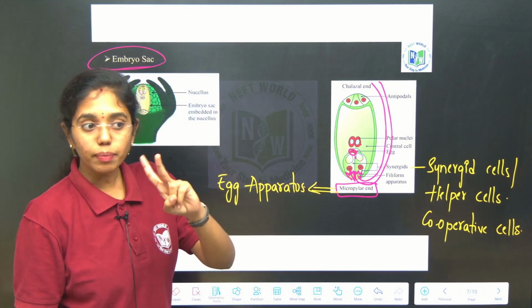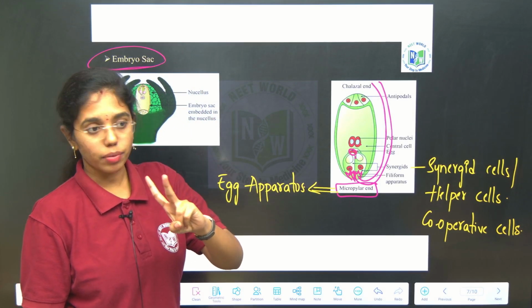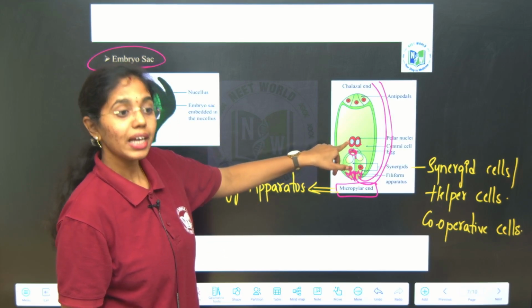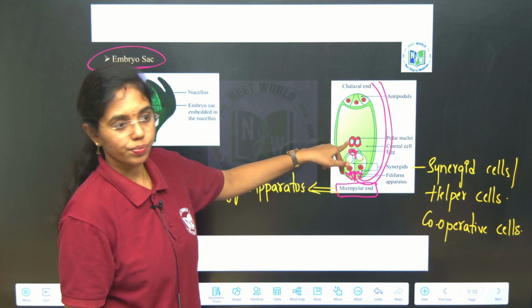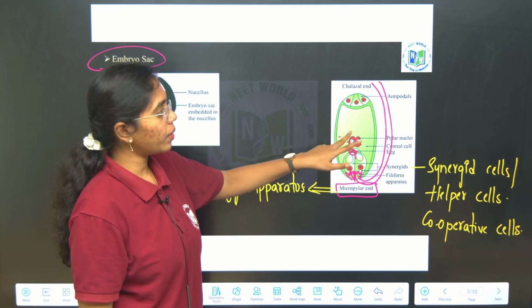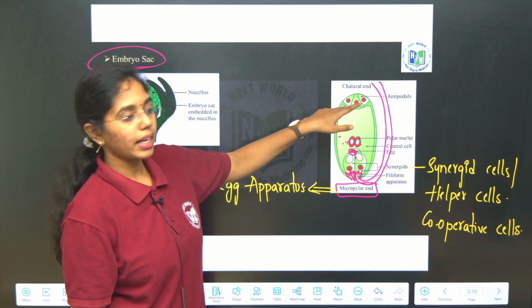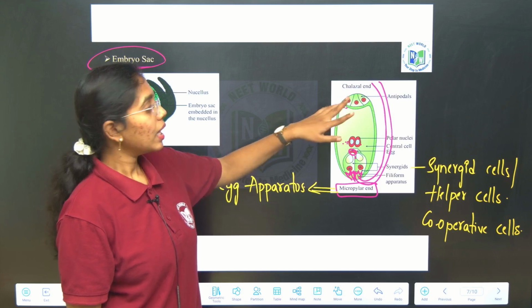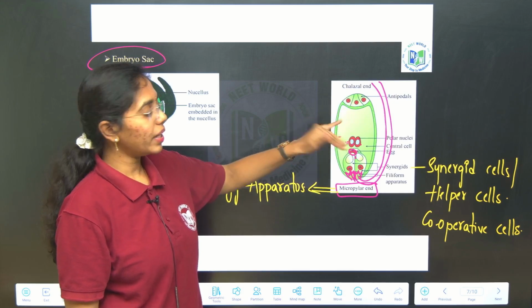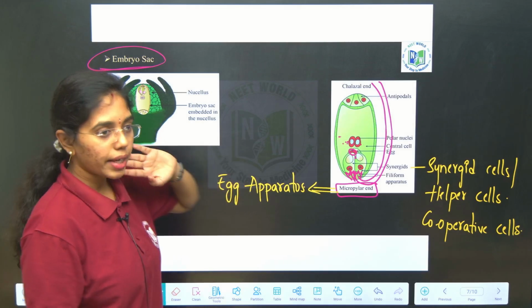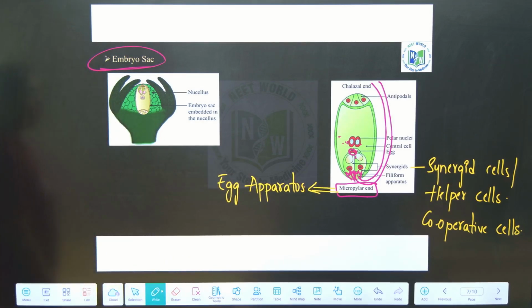The second male gamete from the pollen grain will come and fuse with the polar nuclei. This is called triple fusion, and it forms the primary endosperm nucleus. And 3 antipodals are present at the chalazal end. These antipodals will degenerate after fertilization. Clear?